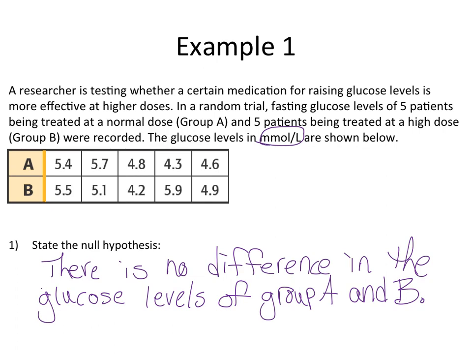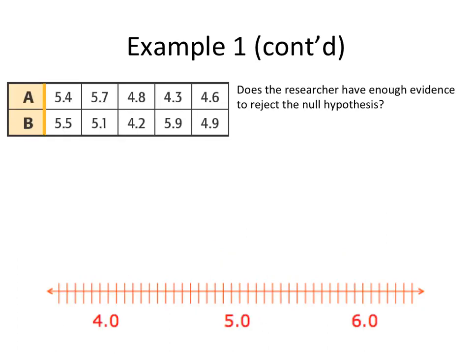The question just says, state the null hypothesis. We don't know whether or not it's true or false, but just what would it be? Example 1 continued. Now, does the researcher have enough evidence to reject the null hypothesis?